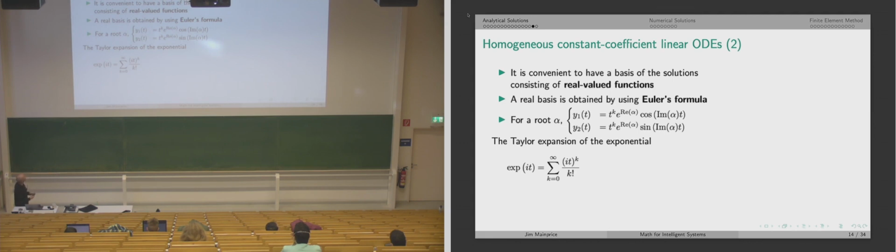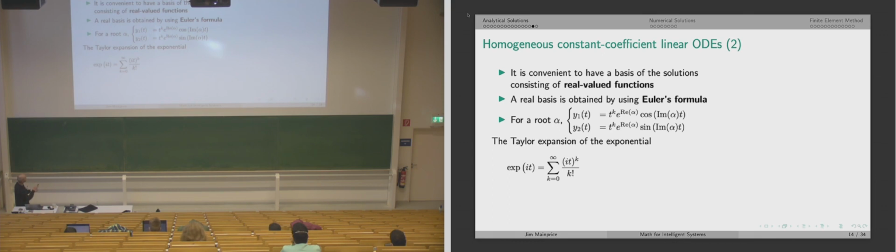So yeah, what is the Euler formula? The Euler formula is the expression of the exponential of a complex number in terms of sine and cosine.